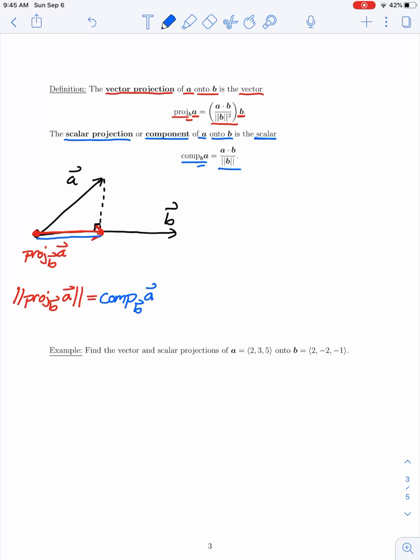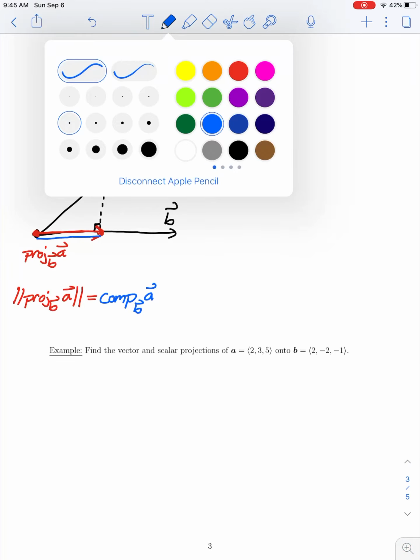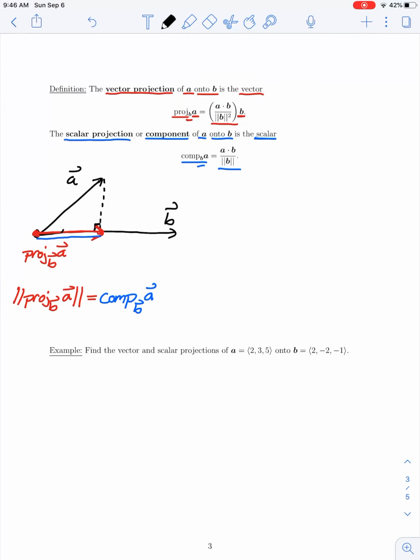So let's see if we can justify these formulas which we've given for the vector and the scalar projection of A onto B. Let's suppose that the angle between these two vectors is theta. If I'm interested in finding an expression for this vector or scalar projection, let's start by looking at cosine of theta.